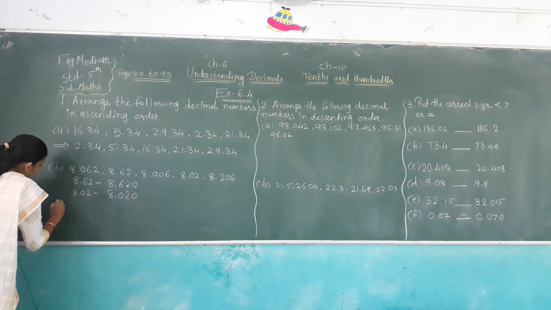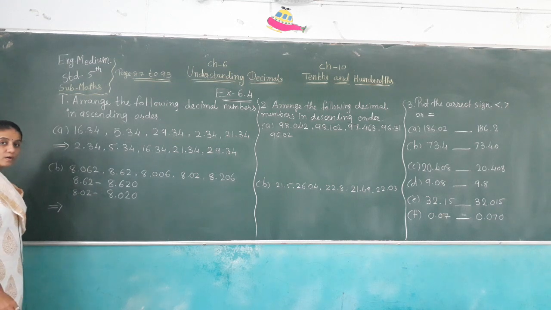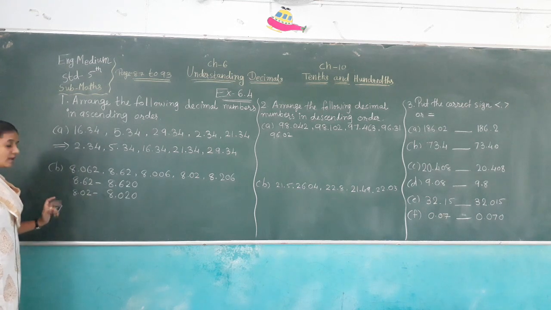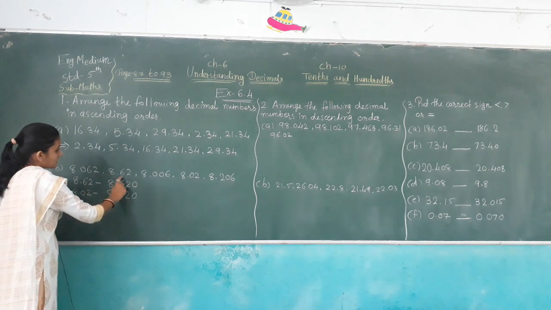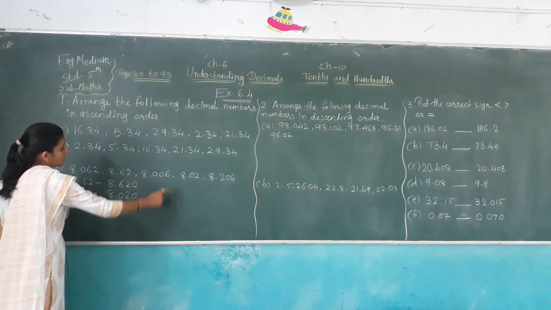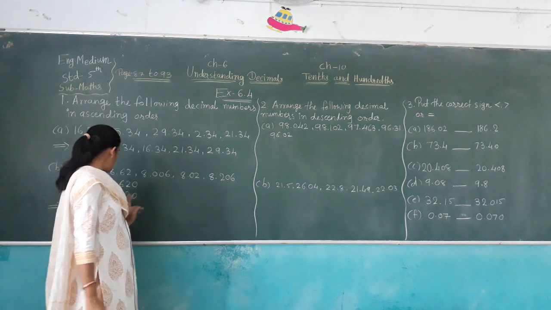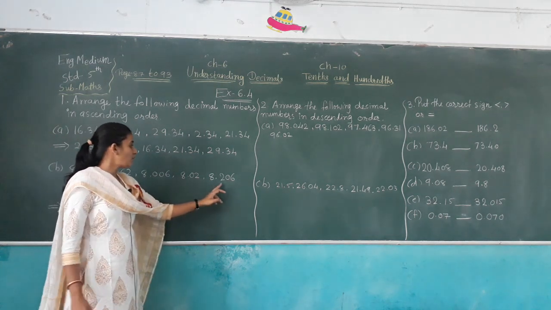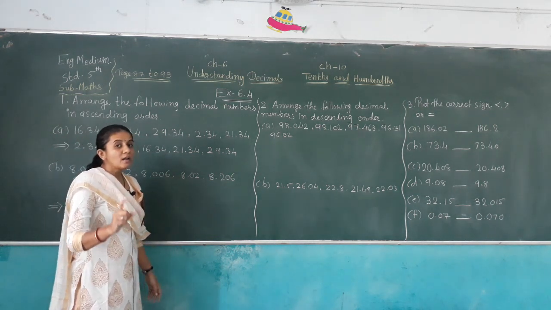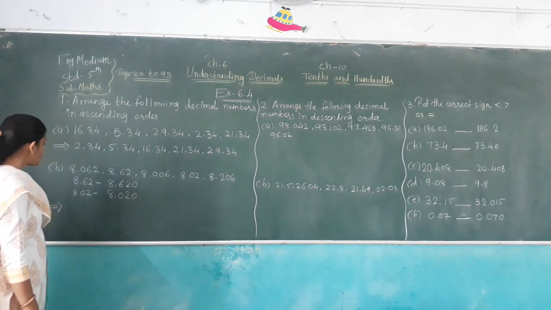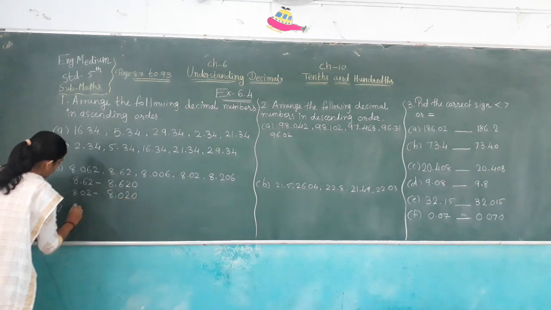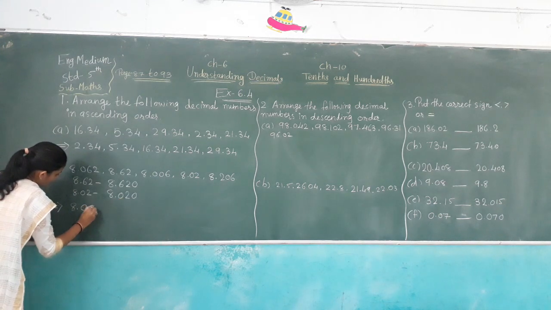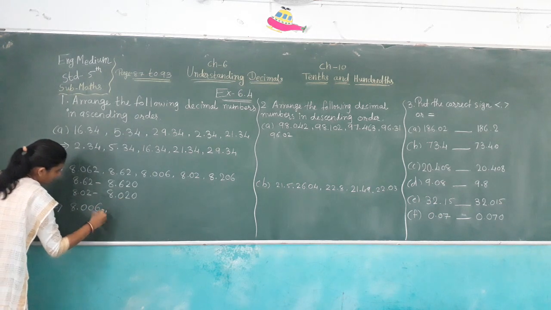Now arranging in ascending order: 8.06, 8.6, 8.006, 8.020, 8.206. First find the smallest number. Which one is the smallest? 8.006 is the smallest first.